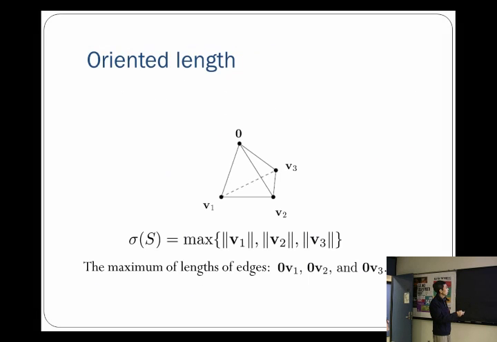This is basically, in this case, I'm defining, doesn't matter how big this simplex is. This is the origin here. Now this and that, we have 3 edges, we find the maximum one among them. This is defined as the oriented length of this simplex in the R3 case. So we have that in Rn.